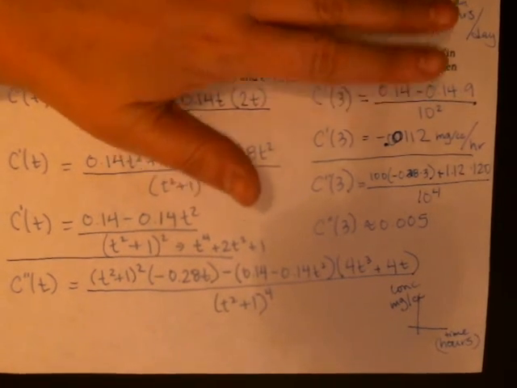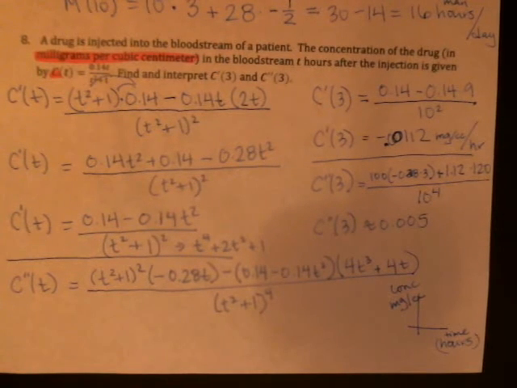So that's telling me that at hour 3, 3 hours since the injection, the concentration is decreasing at a rate of about 0.01 milligrams per cc per hour. So over the next hour, between 3 hours and 4 hours from injection, we expect the concentration to decrease by about 1/100th of a milligram per cubic centimeter of blood.